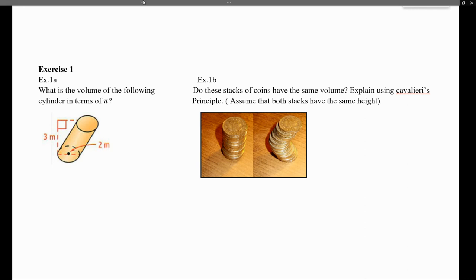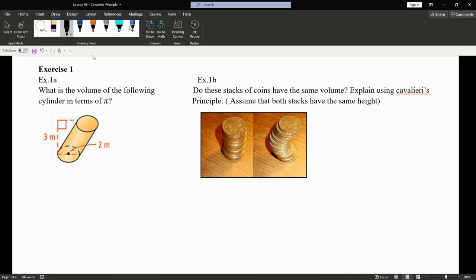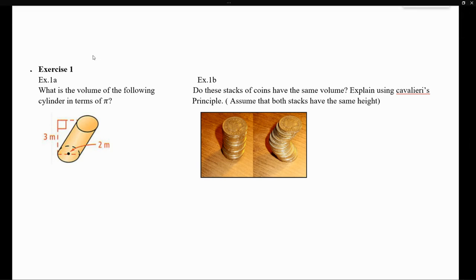Well, we definitely can, because perhaps we can think of this cylinder as being straight instead of slanted. Notice that we're still having the same idea.